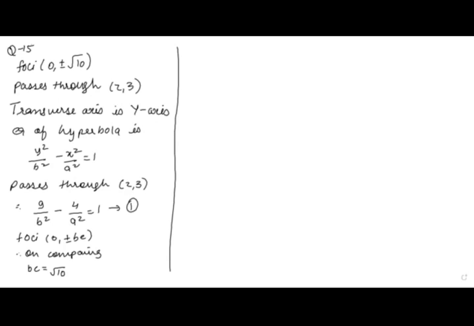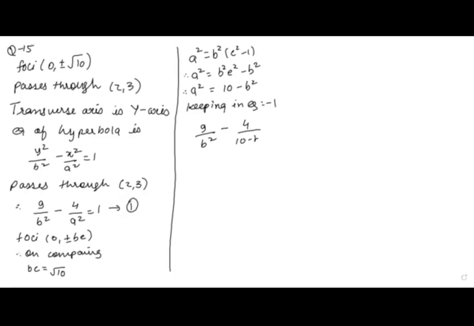Now, if I use the relation a square is equal to b square into e square minus 1, then a square can be written as b square e square minus b square. I know the value of b square e square as 10, so I can replace the value of a square as 10 minus b square. So keeping in equation 1, 9 by b square minus 4 upon 10 minus b square is equal to 1.